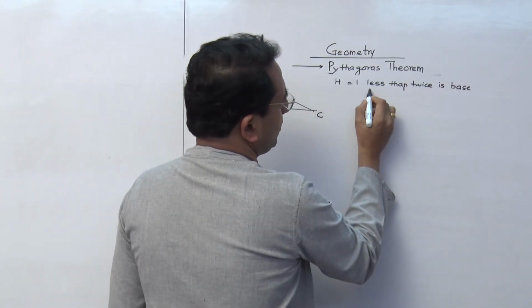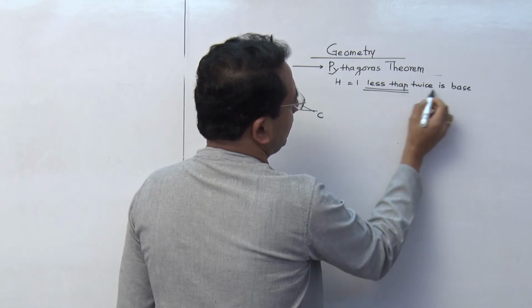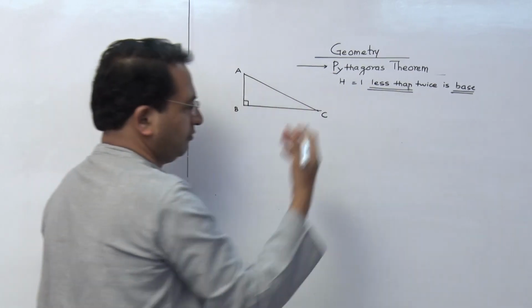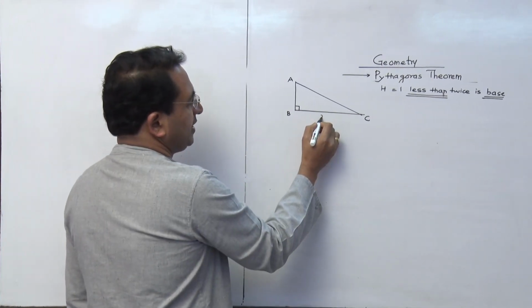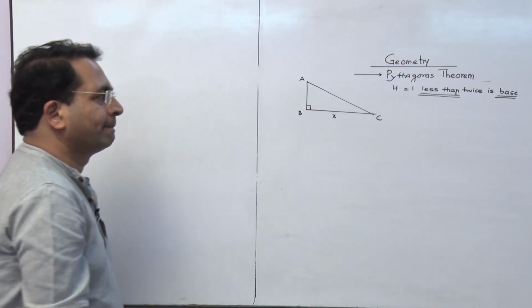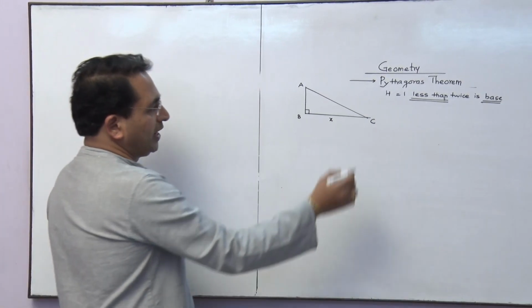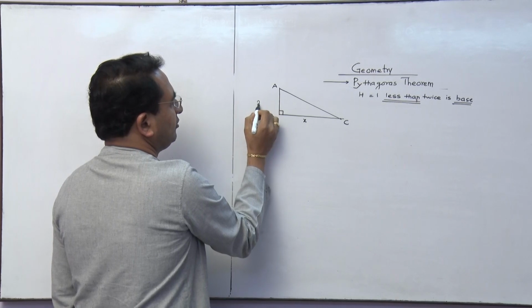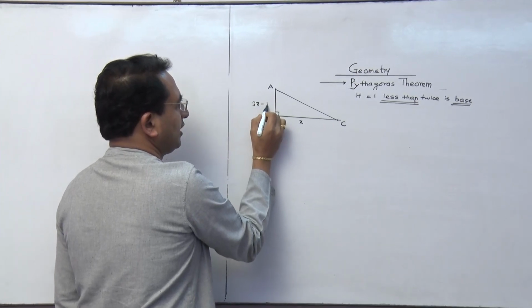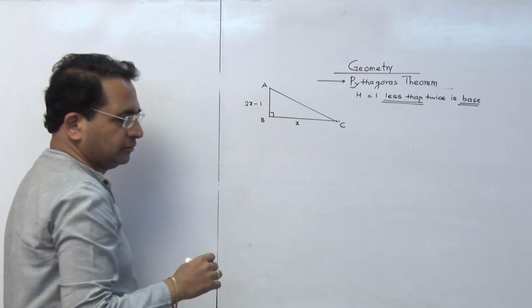Whatever is coming after "less than" or "greater than", that we assume normally. This is what we have learnt in quadratic equation. So I am considering this base as x. Now height is 1 less than twice its base, so I write 2x minus 1. This is the height of the right angle triangle.